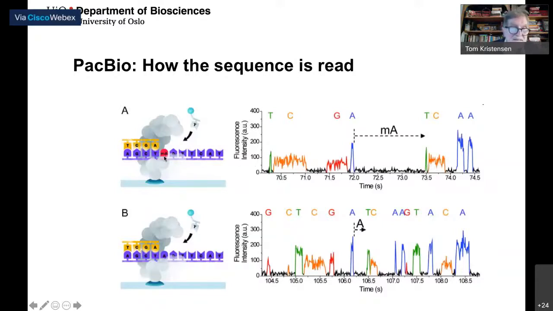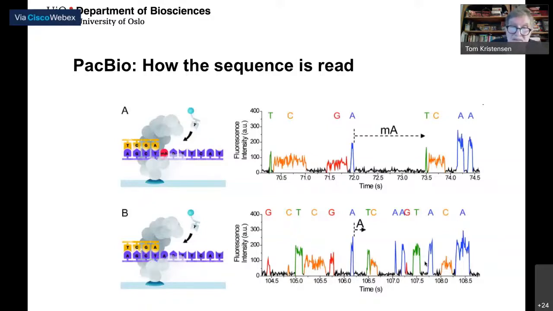Since in this case we have a red methylated adenosine in the template, the polymerase will spend more time in order to incorporate the T here than it would in the normal case, where we have a normal, unmodified A in the template position. So not only can we read sequence, but at least in some cases, you can also tell whether we have modified bases in the template, which of course is an additional bonus to this one.